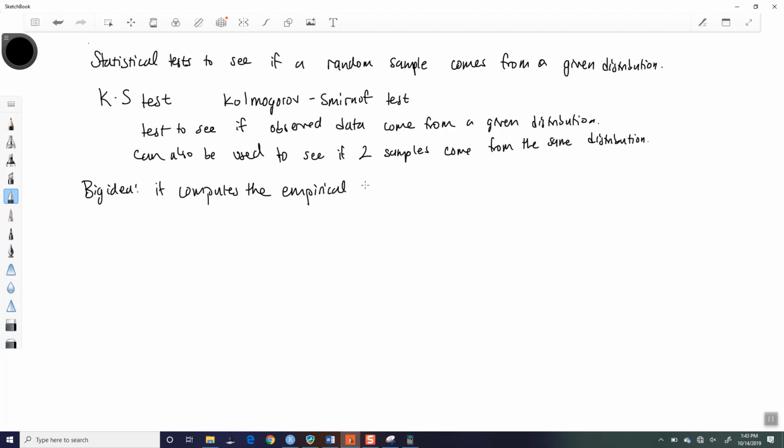So it computes the empirical CDF of a sample, okay? And compares it to the theoretic CDF, okay? Or in the case if you're doing two samples, another empirical CDF.